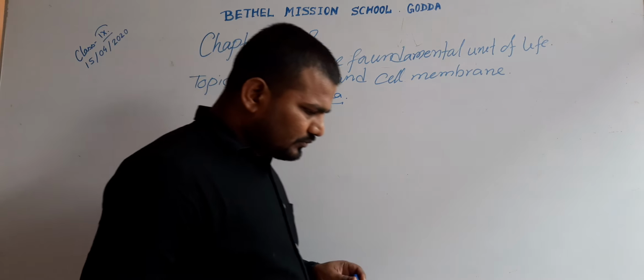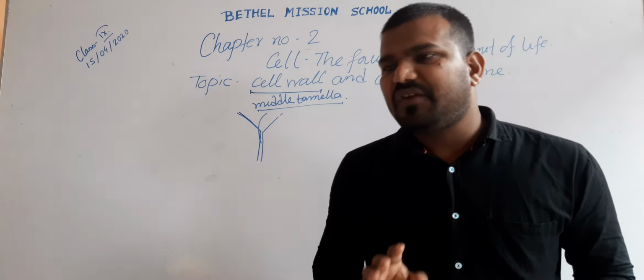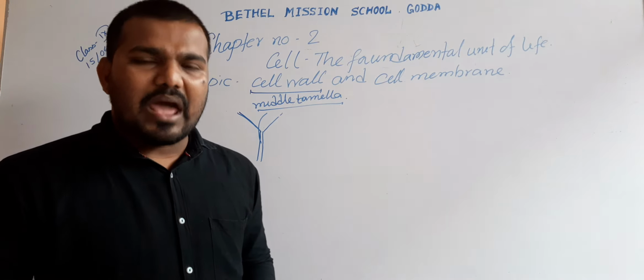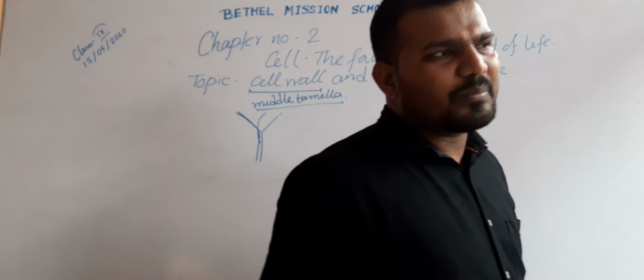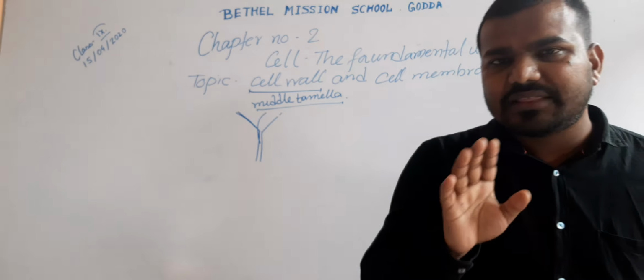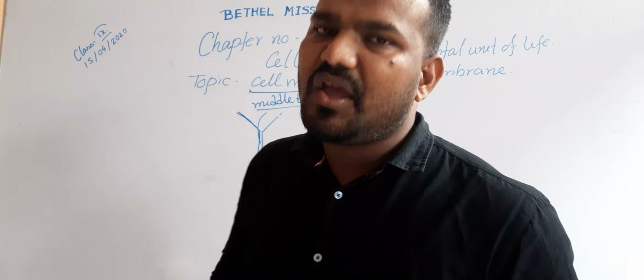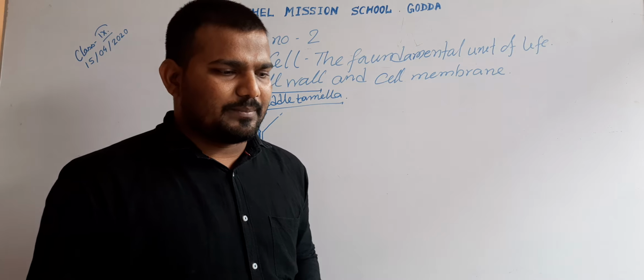The second one, after the middle lamella, is the primary cell wall. Primary cell wall means the cell wall formed after the cell division. So after the cell division, the newly formed cell wall is termed as a primary cell wall.